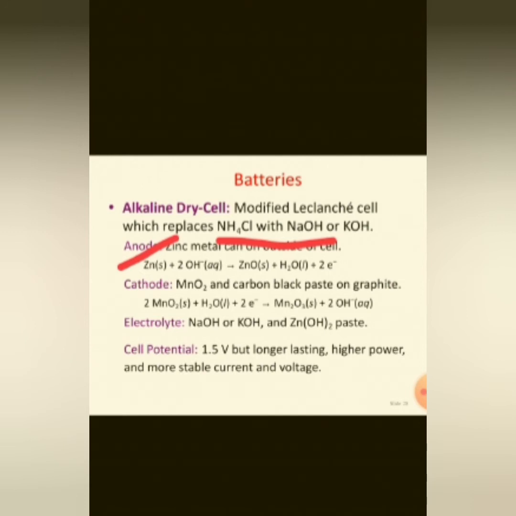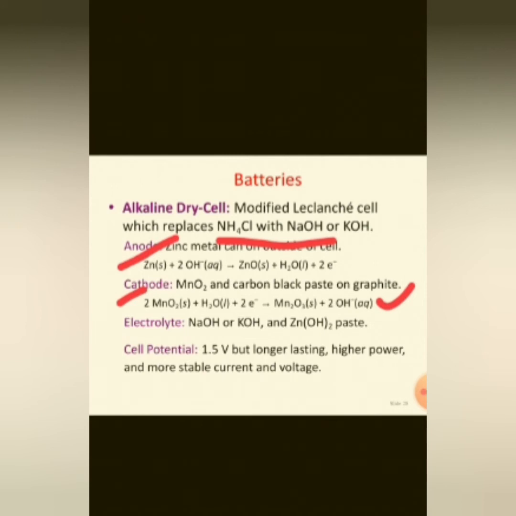Hence oxidation will take place at the anode. At the cathode, manganese dioxide and carbon black paste on graphite. The electrolytes used are NaOH, KOH and zinc hydroxide paste.